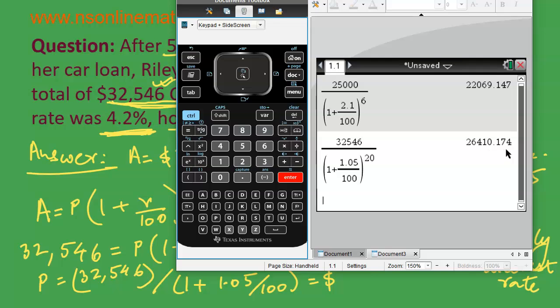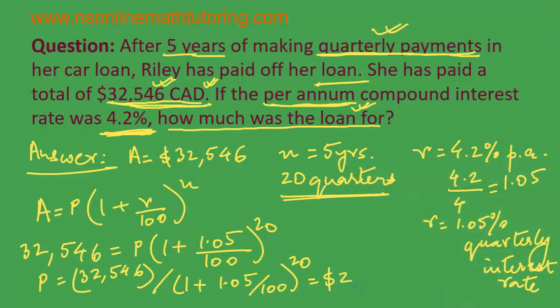That is $26,410.17. Okay. 26,410.17 was the amount the loan was for.